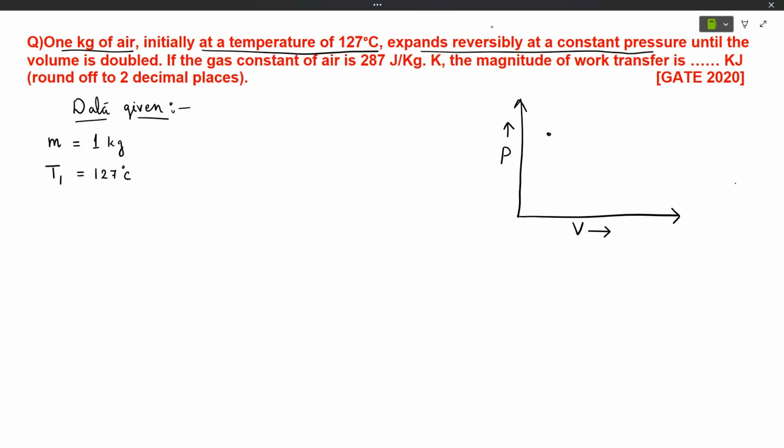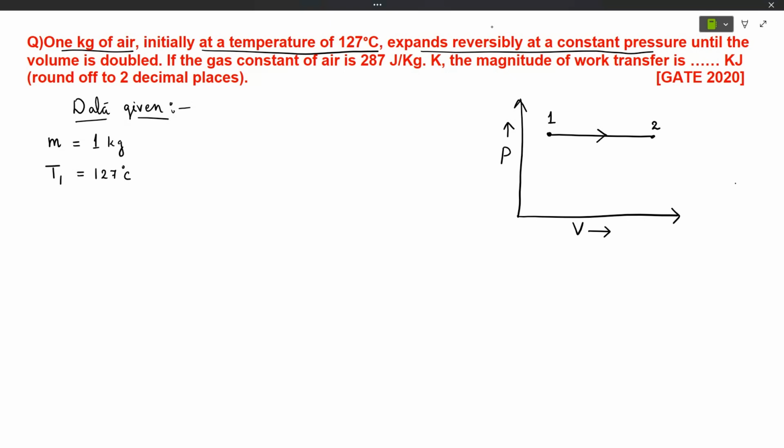We consider this as the initial state of air and it is denoted with 1. The air expands reversibly at constant pressure and the process continues until the volume is doubled. So after the completion of the constant pressure process, state 1 becomes state 2, and this process will continue till the volume of air gets doubled.